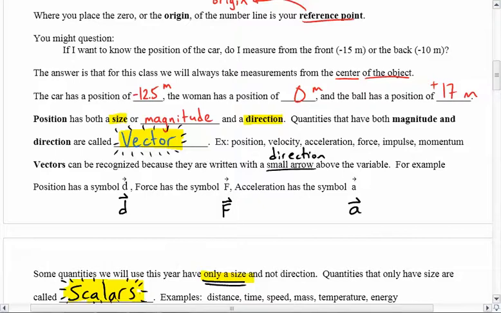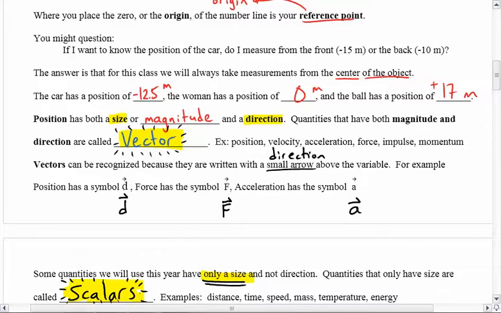Some examples of scalars are time. We don't talk about the difference between 3 seconds forwards and 3 seconds backwards. Maybe one day time will be a vector when we can go back in time, but for now, time is a scalar, moving only forwards. Mass, you don't have positive 5 kilograms and negative 5 kilograms. It's just 5 kilograms.